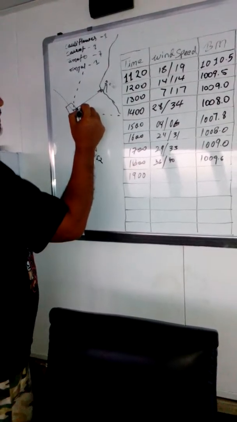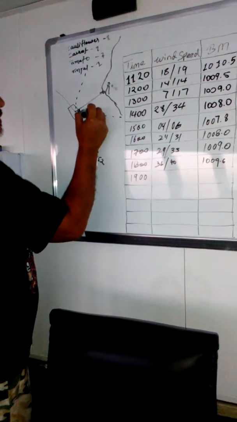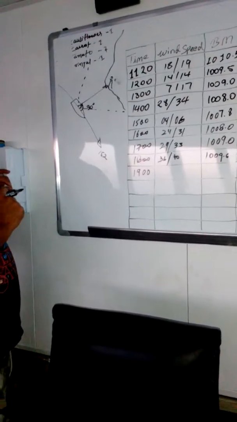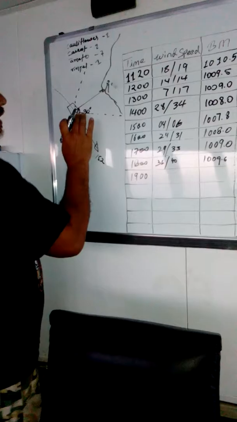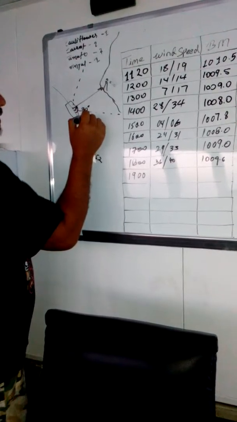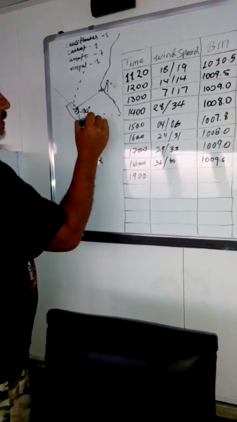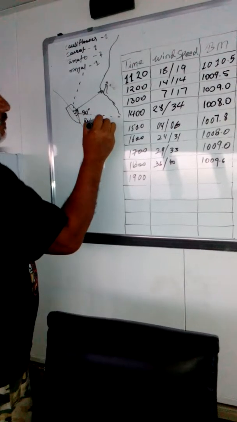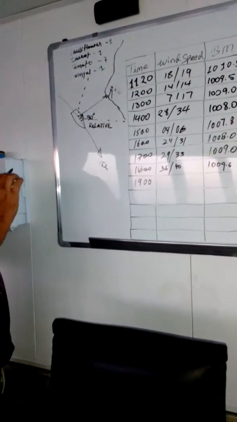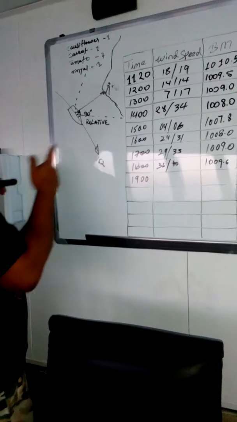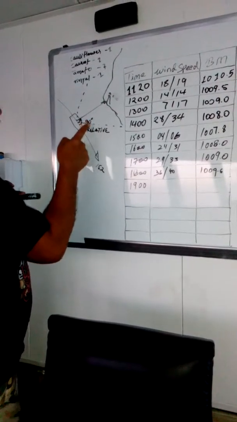This angle is 90 degrees. But this bearing is a relative bearing. It's relative, it's not true. So in order to convert it into true, you have to compare.